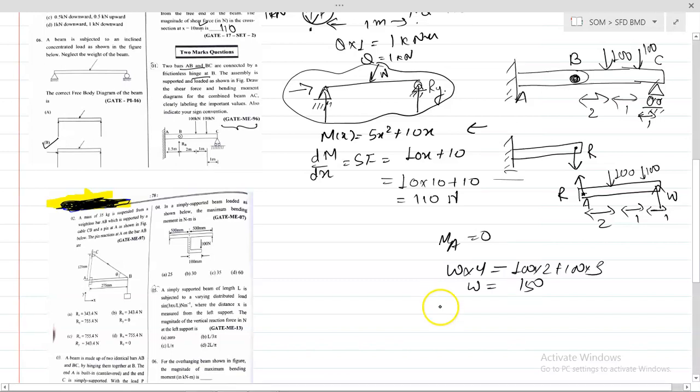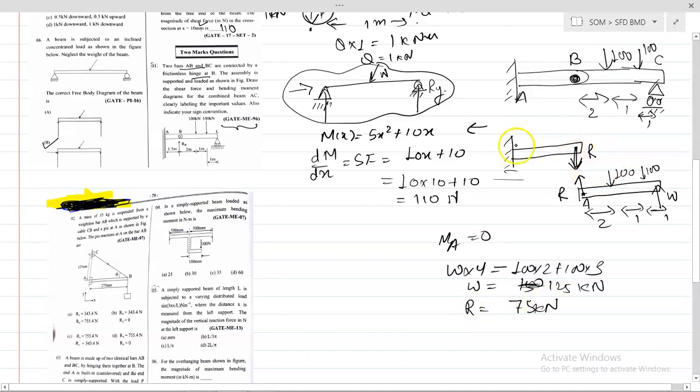Sorry, 125 is coming. 200 plus 300, 500, so 125 kilonewton. So now what is the reaction R? R is coming 75 kilonewton. Now here it is also 75 kilonewton.